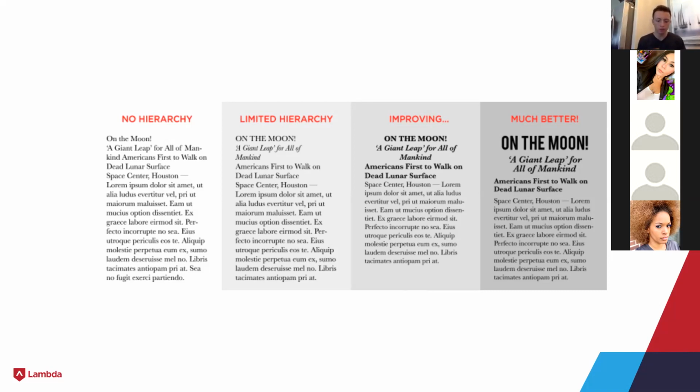Then we get to a much, much better version, very similar to what we saw in the previous example, where "On the Moon" is big, it's exemplified. The text size that we're using is much larger in comparison to all the other sections. And then gradually, we're able to distinguish between all of these different pieces.